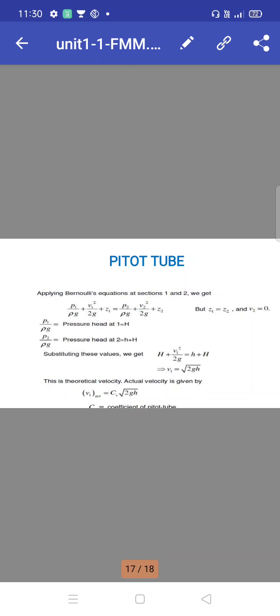If we use 2, it specifies the final point of the flow. That should be ensured first. So P1 by rho g is the pressure head at section 1, and P2 by rho g is the pressure head at section 2.